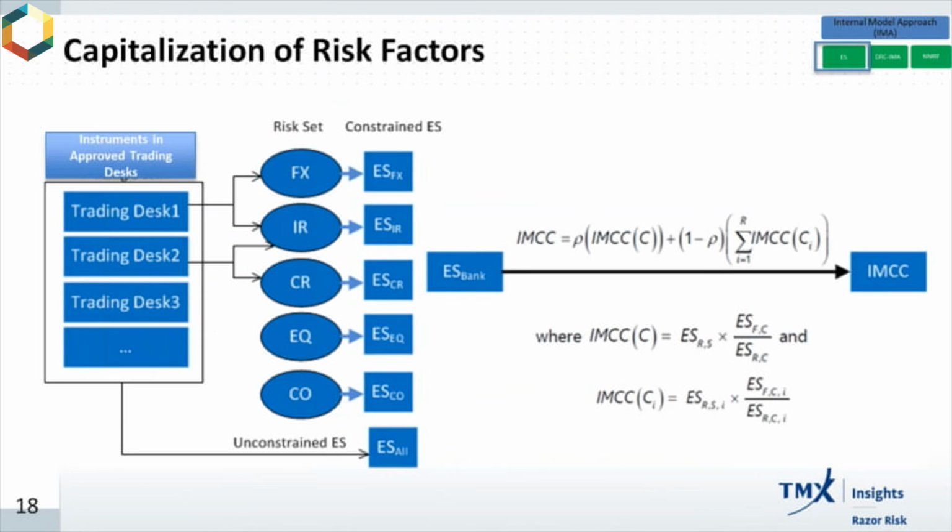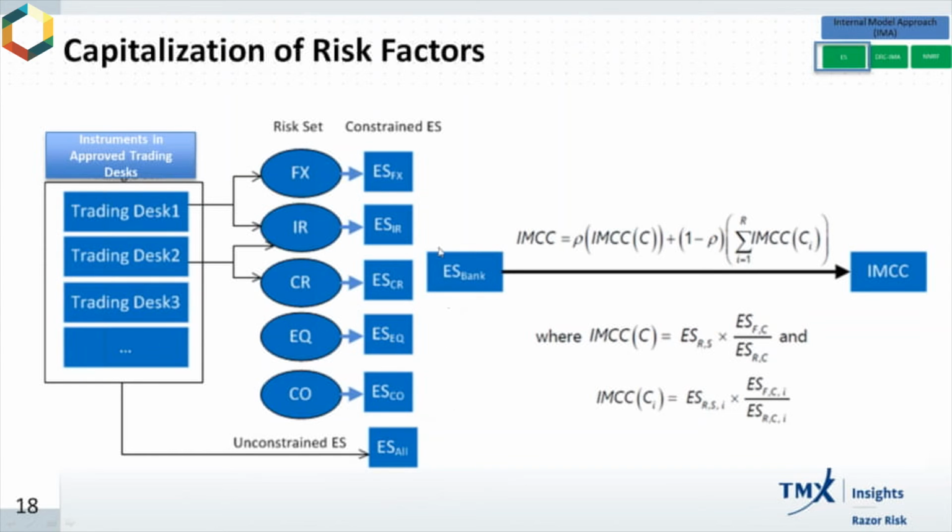So after that, we need to do the capitalization of risk factors. Please note, although the model approval is at desk level, the capitalization is at risk class level. So similar to the standardized approach, it maps each instrument into an individual risk class: FX, IR, CR, EQ, and commodity.